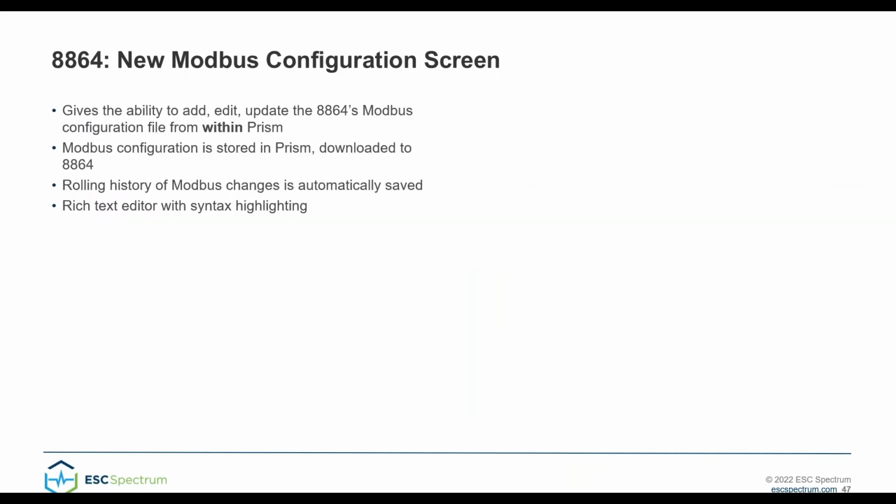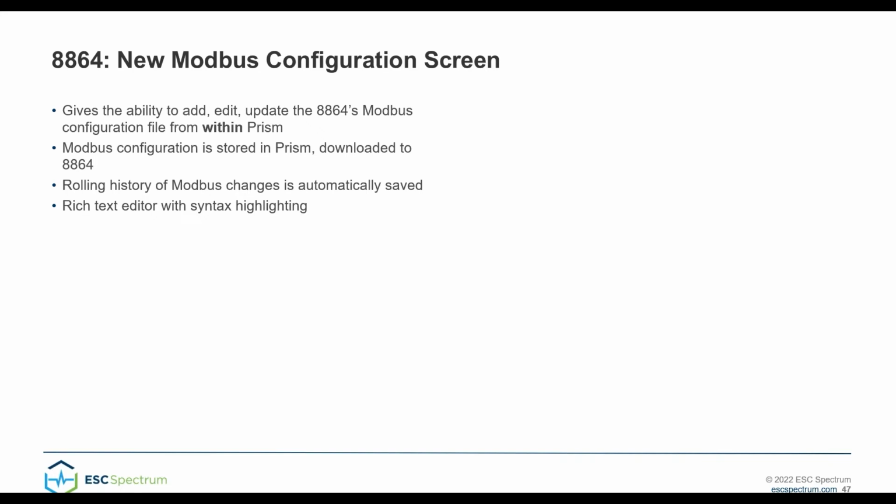So that's how you do the point configuration and set that up to work a little better with the 8864. We've also added another 8864 screen. This is the Modbus configuration screen. This basically gives us the ability to add, edit, or update the 8864's Modbus configuration file from inside Prism. Each Prism system that ships with an 8864 does have a Modbus file in it that's running.